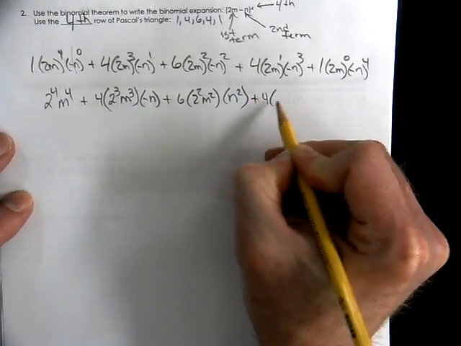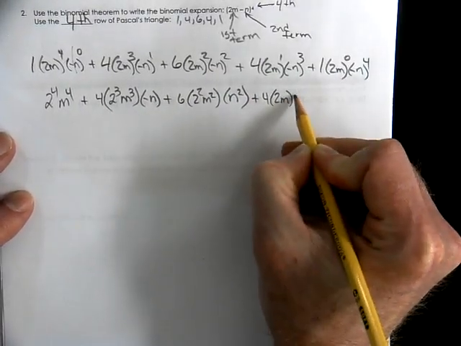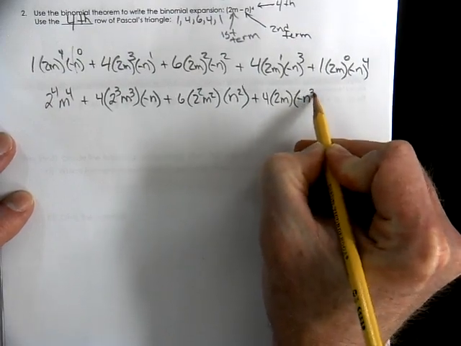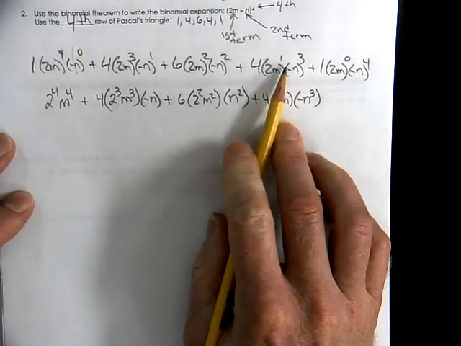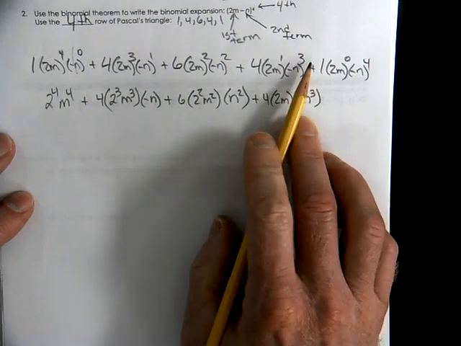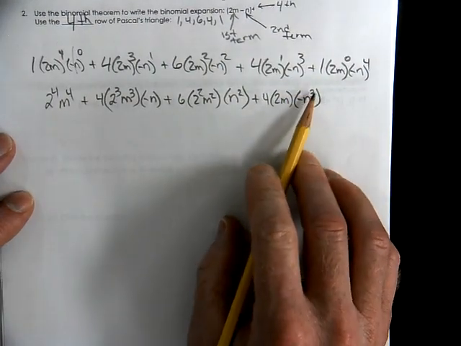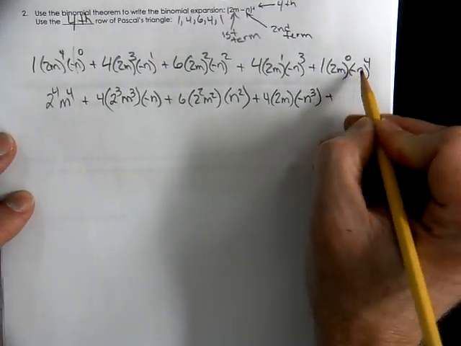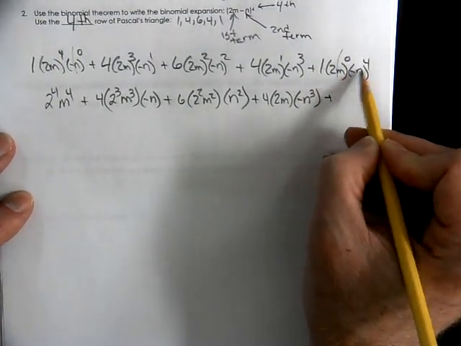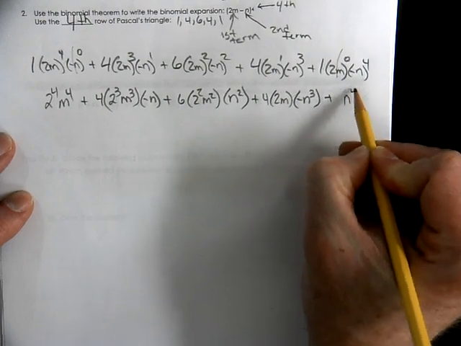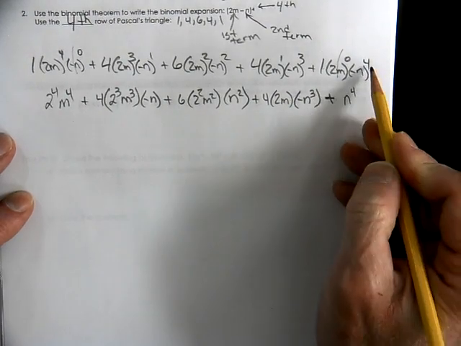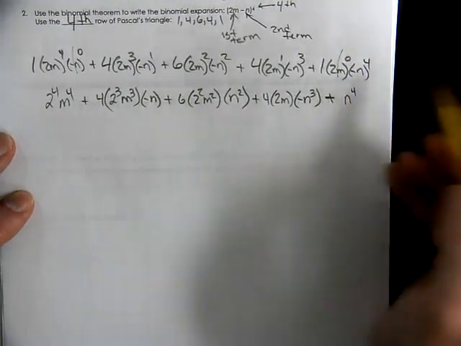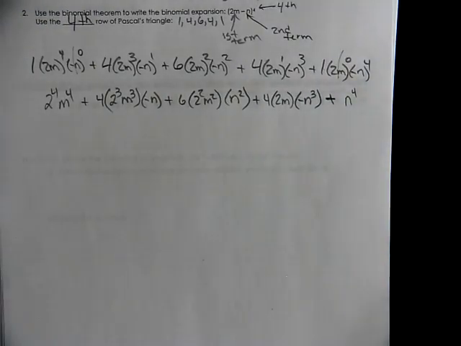Plus 4, 2m, and negative n cubed. When you cube a negative, you still have a negative, and n is being cubed. And this last one is going to be 1 times 1 times n to the 4th power. Again, it's an even degree, so the negative becomes a positive.